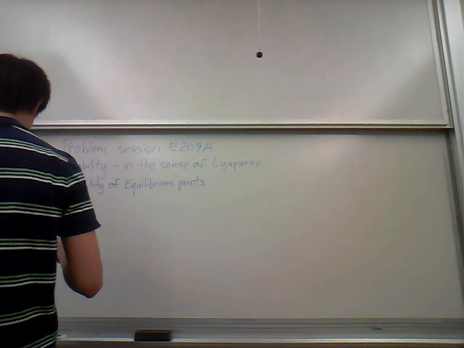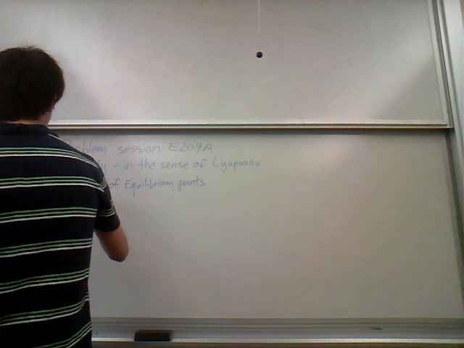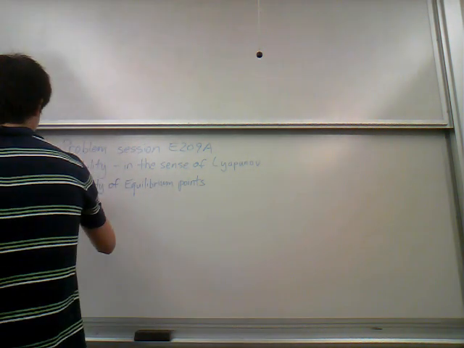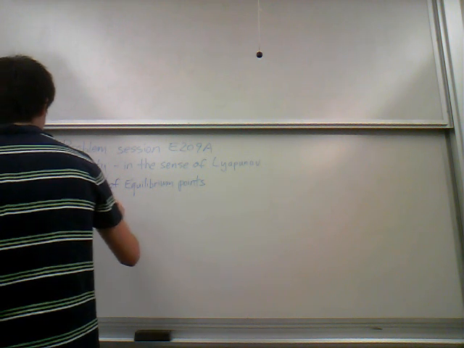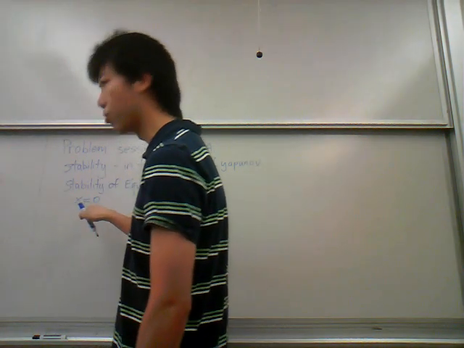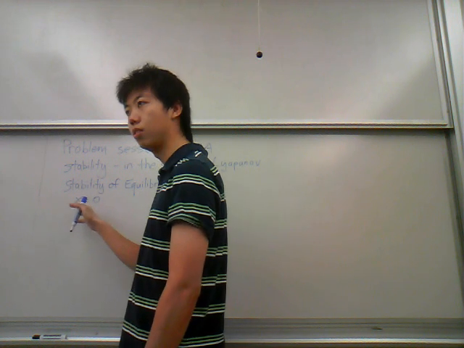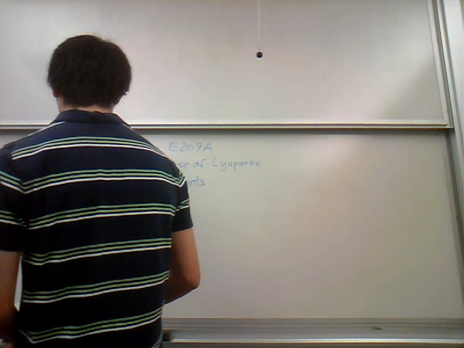I'm going to define it as the stability of the state x equal to 0. If it's at equilibrium somewhere else, you can always modify the equation so that it is at 0.